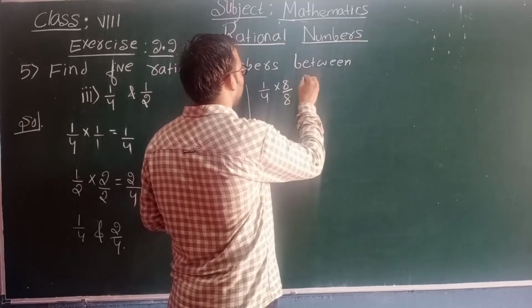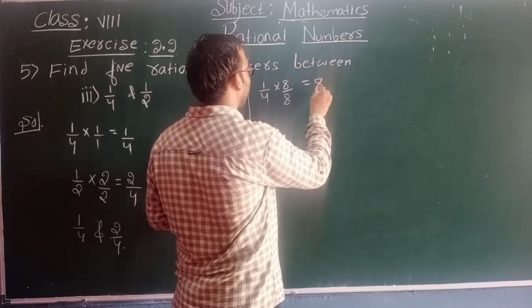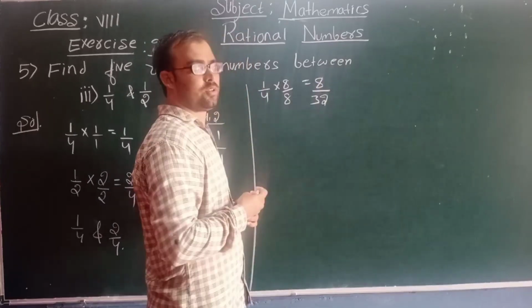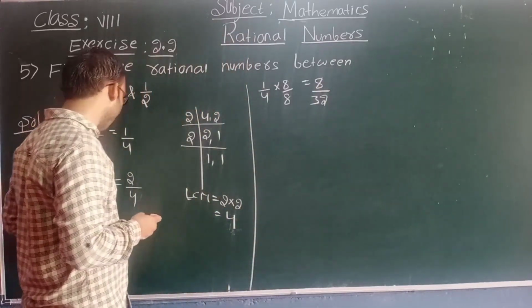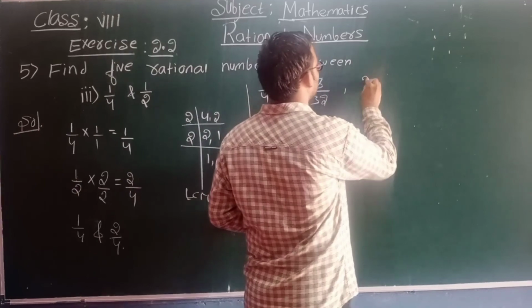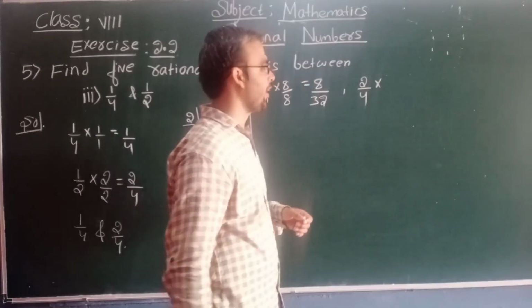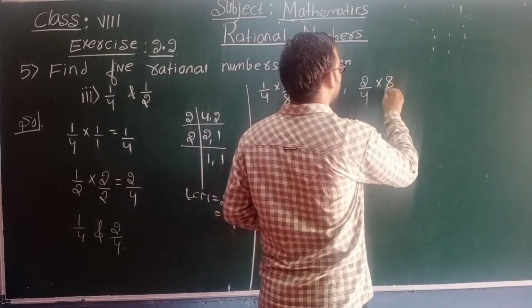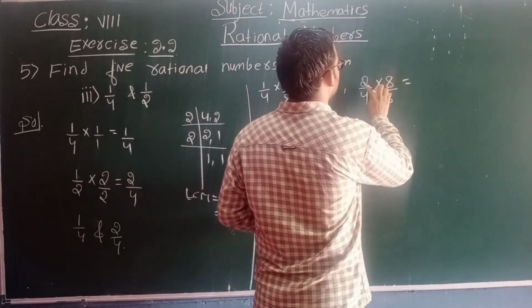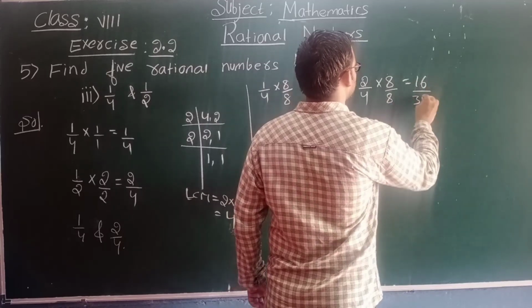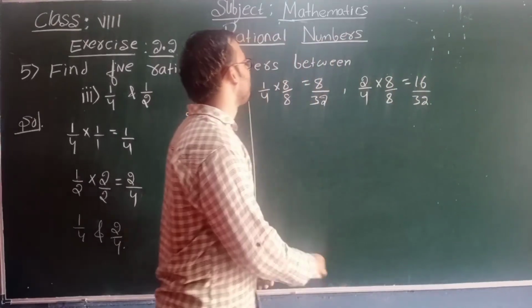So 8 ones are 8, 8 fours are 32. Next, 2 by 4 is there. So now we will multiply same number, 8 by 8. 8 twos are 16 and 4 eights are 32. Okay, so now what we have got?